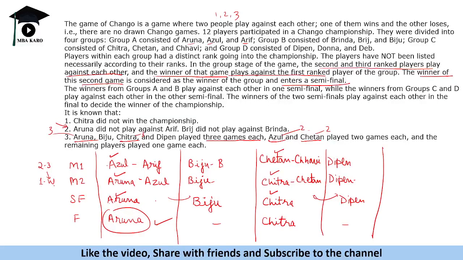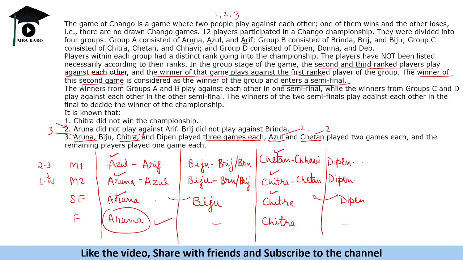Okay, so this is Bridge and Brinda, or it could be Brinda and Bridge. We do not know who played against whom, right? They have to play against Biju. We cannot determine who is this person or this person. Similarly, Deepan can play against any of the two persons, that is Donna and Deb.